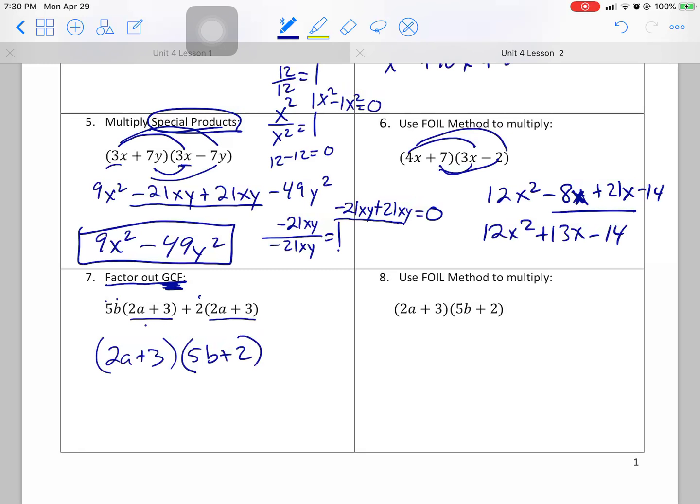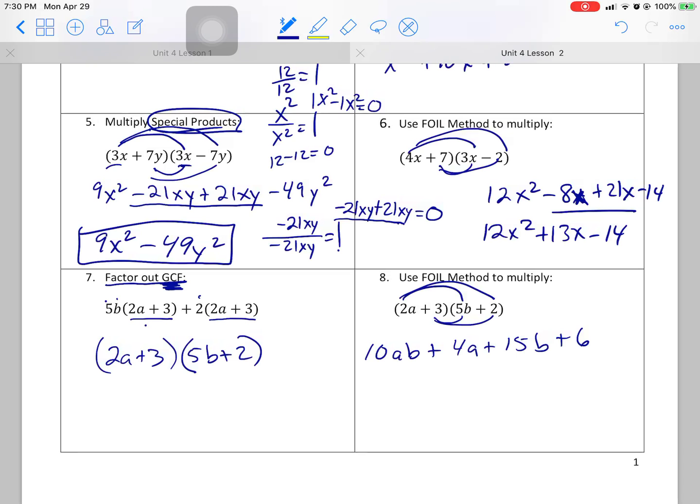Okay, if you distributed the first one and foiled the second one, you should come out with the same answers. Okay, first times first, 2 times 5 is 10, a times b is ab. Outside, 2a times 2 would be 4a. 3 times 5b is 15b. 3 times 2 is 6.